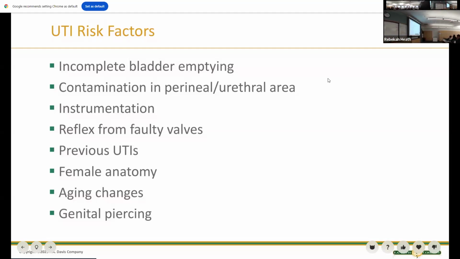If they have faulty valves, like we saw in that picture, if your valves aren't working properly, they can let urine go back where it shouldn't be. That can cause a problem. Previous UTIs. Unfortunately, if you've had one, you're more likely to have it again. Female anatomy, because that urethra is shorter, there's not as far for bacteria to travel.